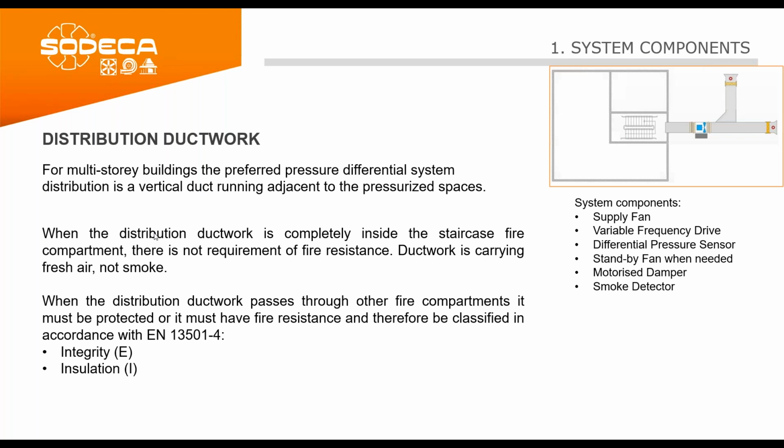But when the distribution ductwork passes through other fire compartments, it must be protected, or it must have fire resistance and therefore be classified in accordance with the European standard EN 13501 Part 4.